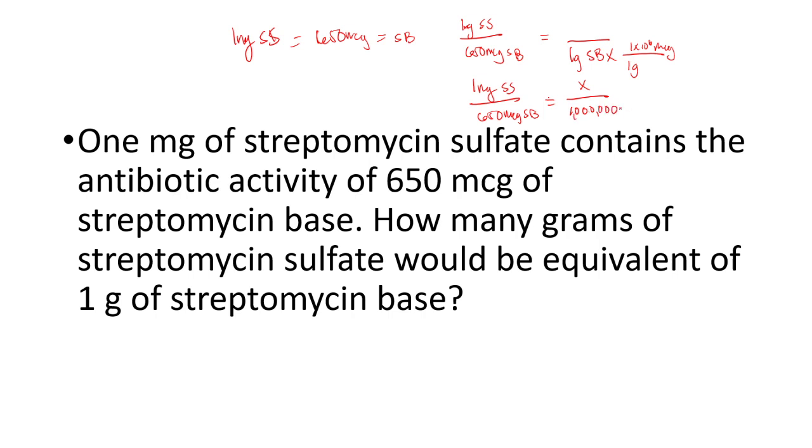This one is in micrograms, so we can isolate X: 1 million times 1 divided by 650. 1 million divided by 650, you have 1,538.46 milligrams of streptomycin sulfate.